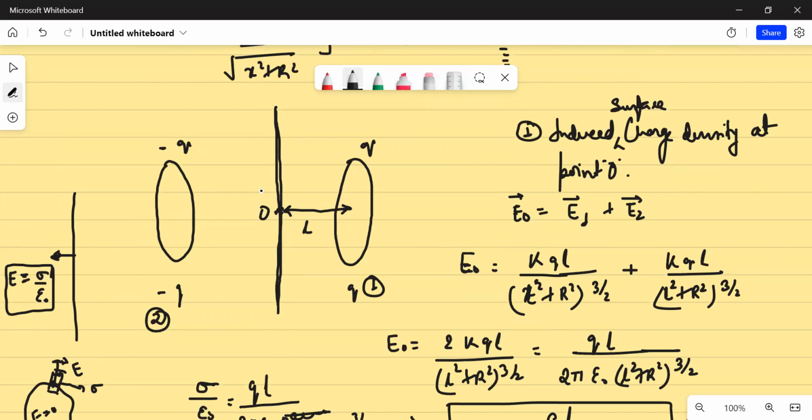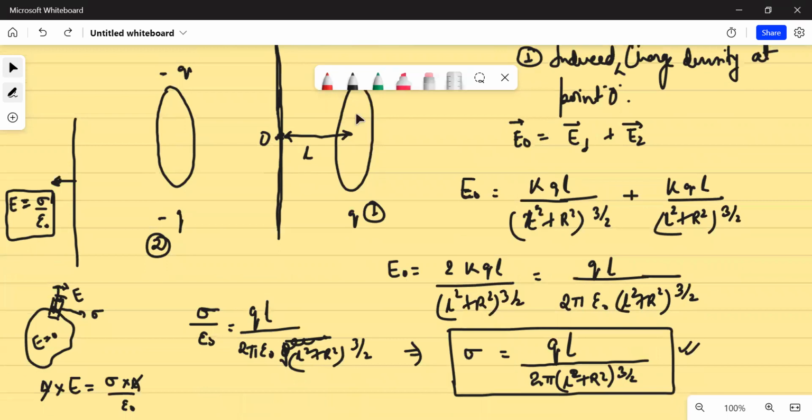This is the fundamental property of conductors. But also we found that at point O, the electric field can be given by the net sum of the electric field due to the ring of charge and due to the image ring of charge. So sir, this sigma is also the surface charge density we have provided on the infinite plane?